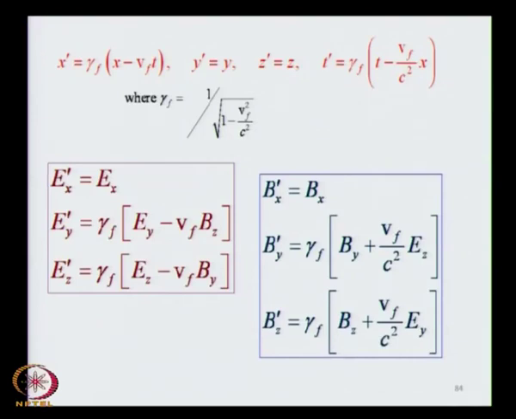Now, the magnetic field, Bx, By, Bz for the observer in the unprimed frame of reference, is a different field given by Bx prime, By prime, Bz prime in the primed frame. Bx prime is equal to Bx, but By prime is not equal to By. It is a mix of By and Ez, and Bz prime is a mix of Bz and Ey.